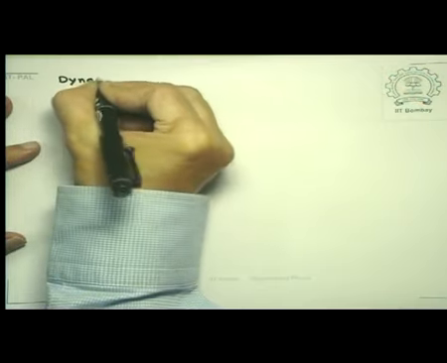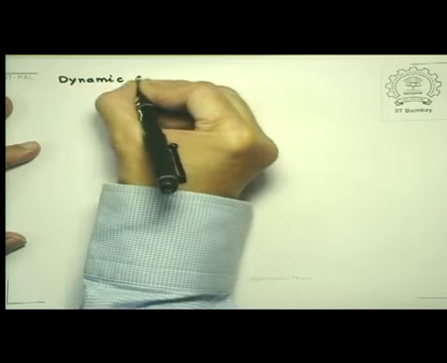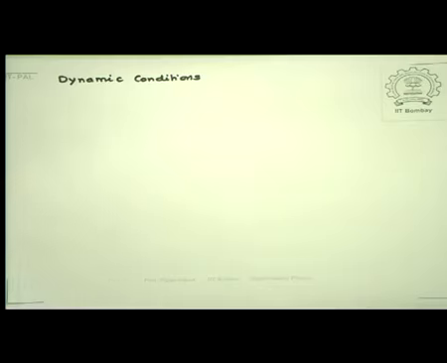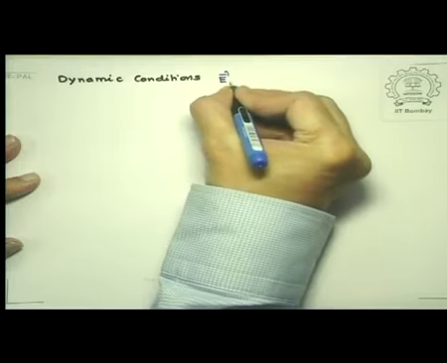So let us return to dynamic condition. Now we have seen that under dynamic condition, the electric field inside need not be 0. So let's say E inside is not equal to 0.